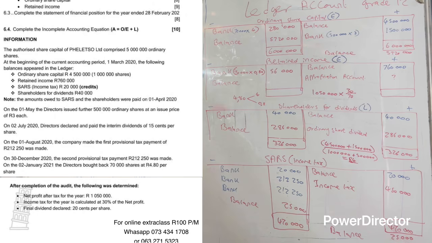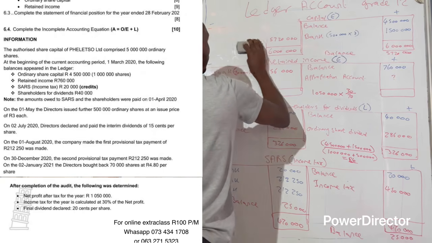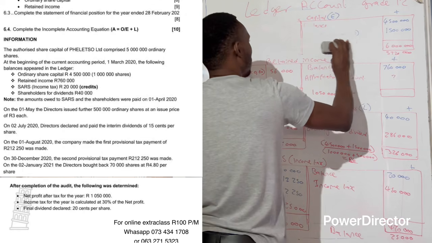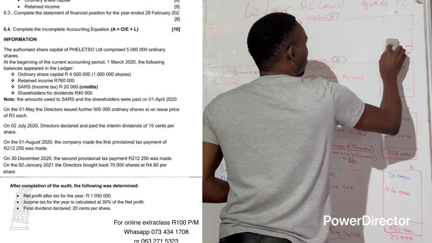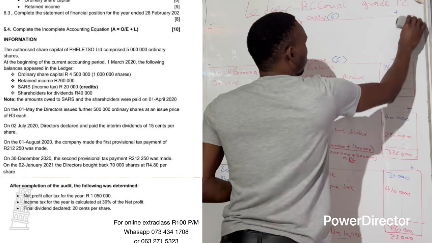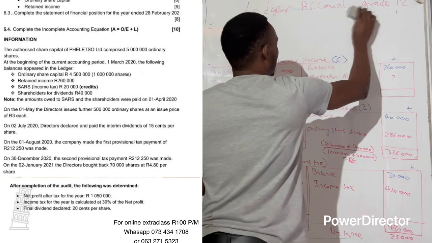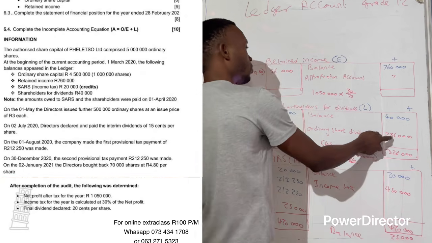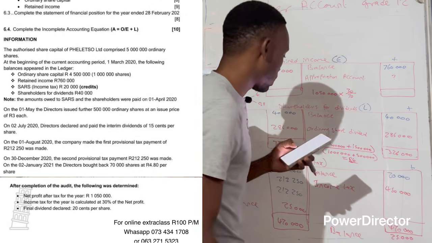Let me take my rubber and remove this one and put the other one. This one of retained income, I can't remove it because we still need to finish it. Okay, this ordinary dividend of 268, guys, we still need to use it under ordinary share dividends.